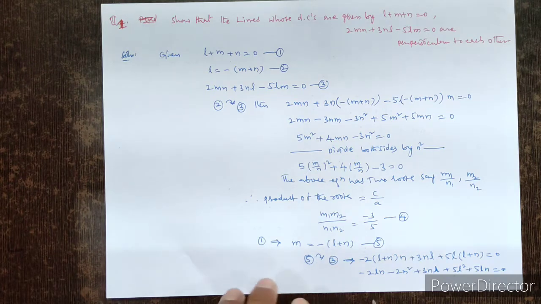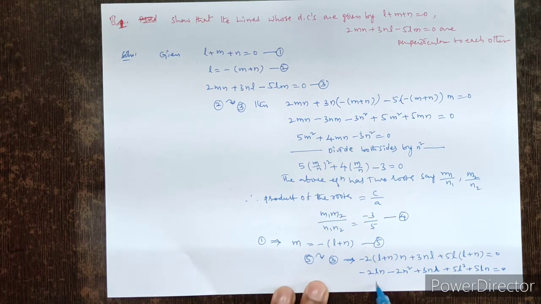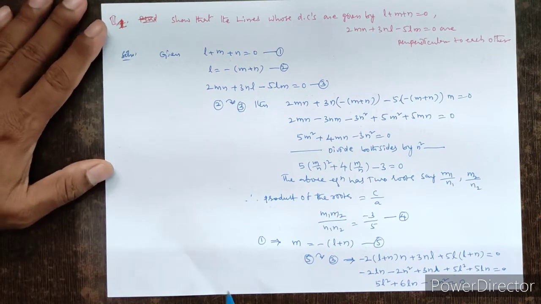So 5l square plus, 5 plus 3 is 8, minus 2 is 6, so 6ln minus 2n square equal to 0. So this is the equation.